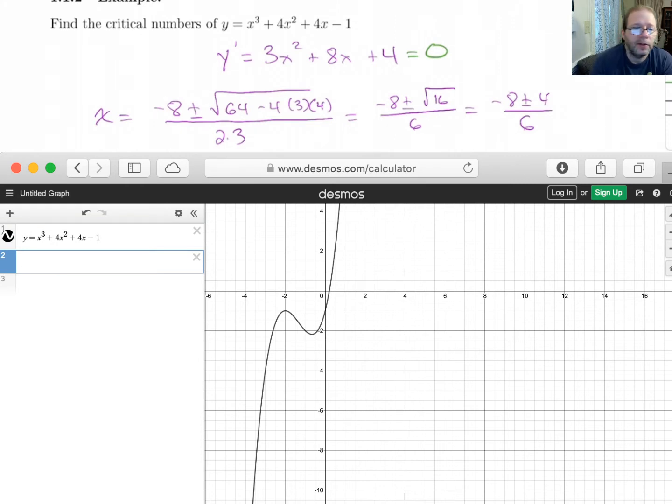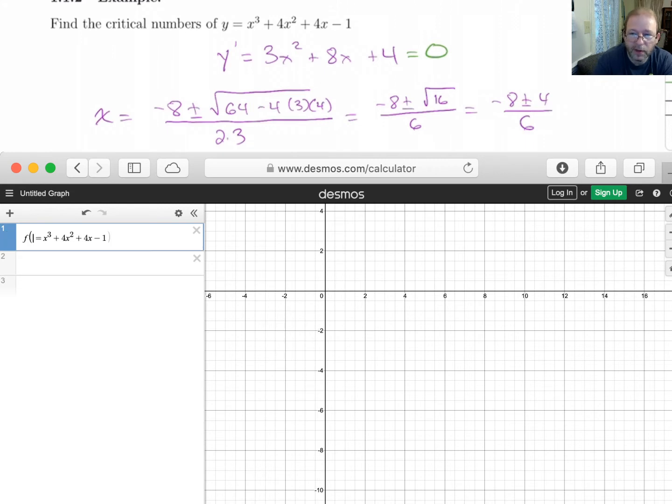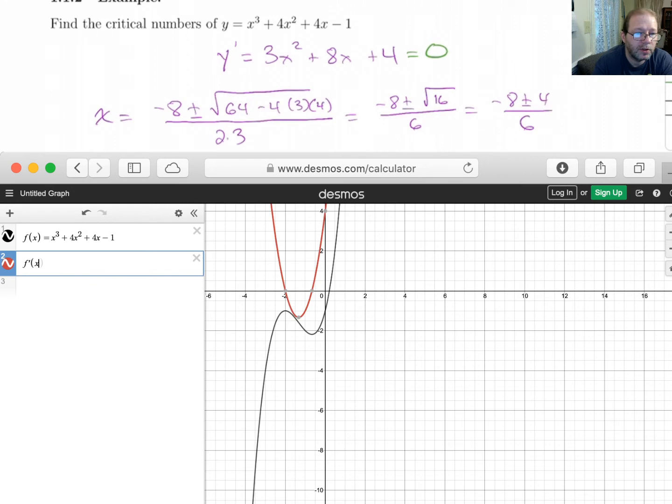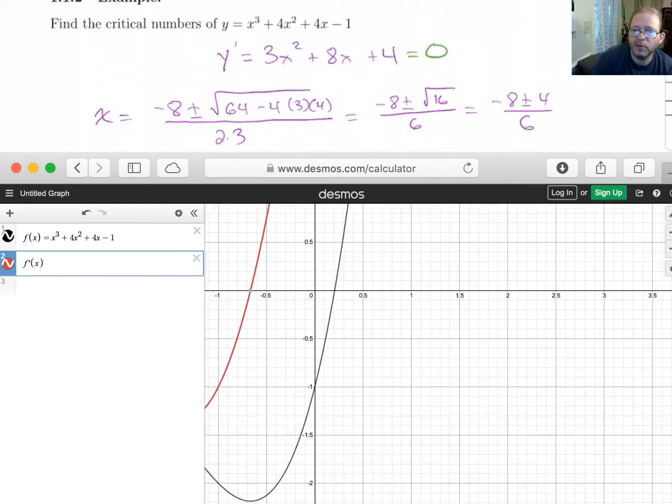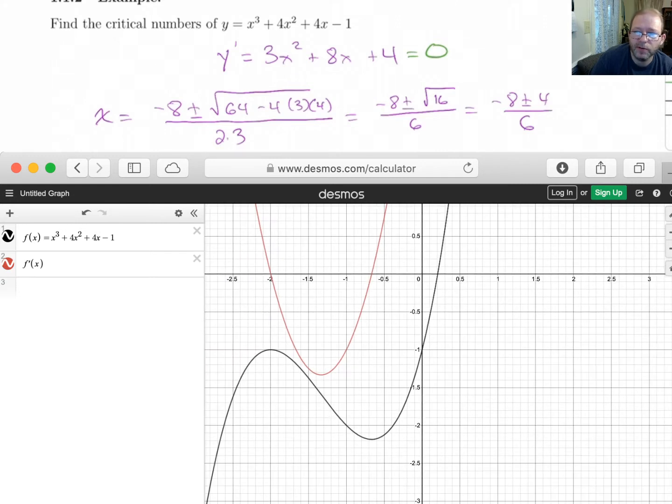We'll define those later. Let's see, y prime. Tell you what, I'm going to call this f of x. And if I just put in f prime here, it will calculate that for me. And notice Desmos highlights the places where the derivative crosses the axis. Sure enough, it happens right here at negative 2 and over here at negative 2/3.